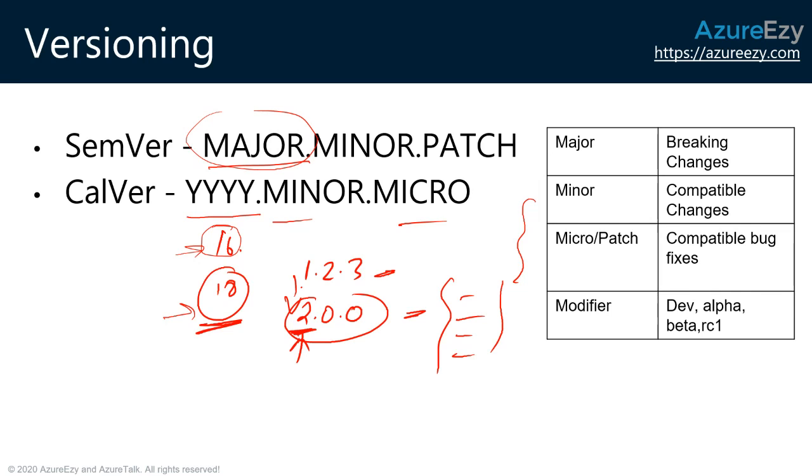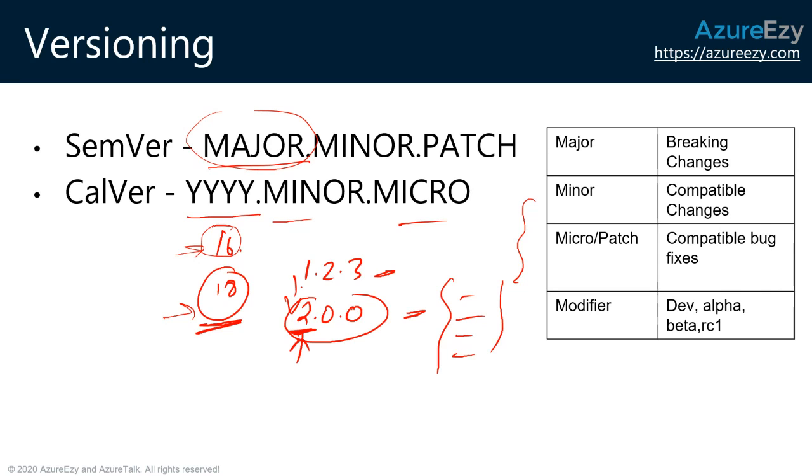Similarly for minor versions, you should be rest assured that there might be some changes in the functionality, there might be some changes in the output that you are getting, but it should not break your application in its current state. And similarly for patches, it will only fix the problems that are already there, or make some cosmetic changes, but it should not impact the functionality of the application.